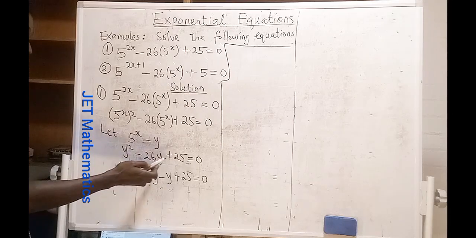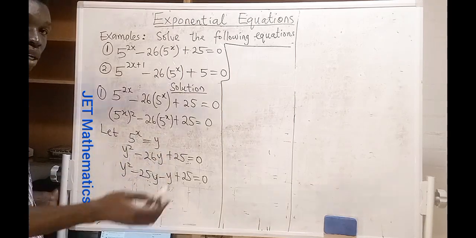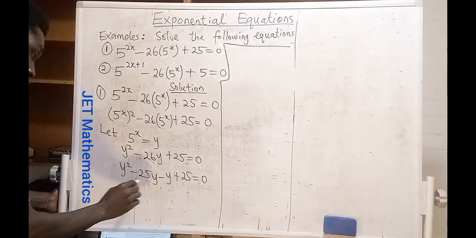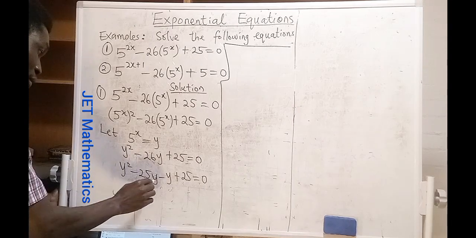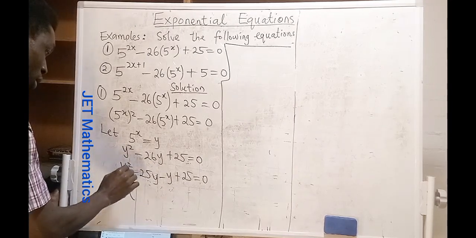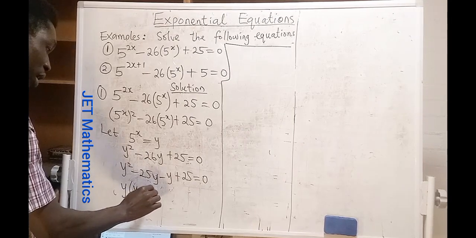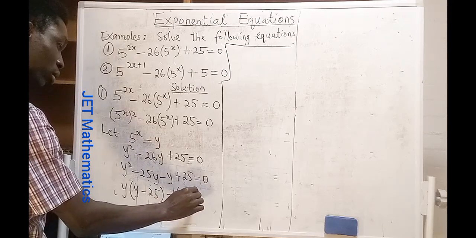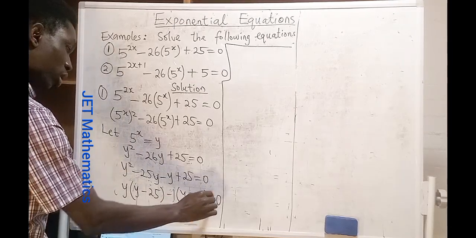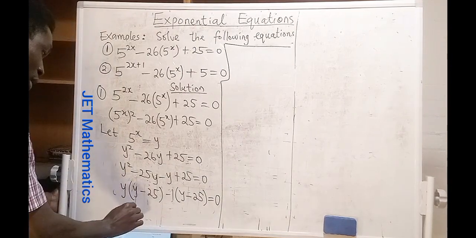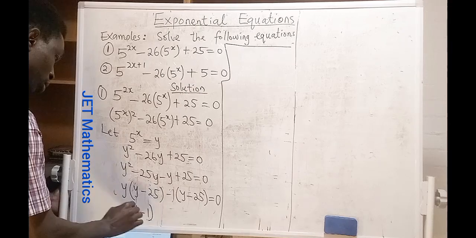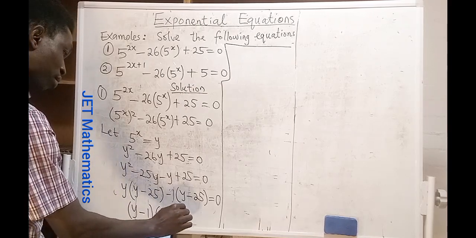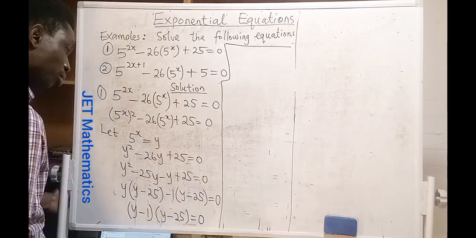If you don't know how to solve quadratic equations, you can see our videos on quadratic equations. Okay, so here we have y common: y(y minus 25) minus 1(y minus 25) equals 0. So here we have (y minus 1)(y minus 25) equals 0.